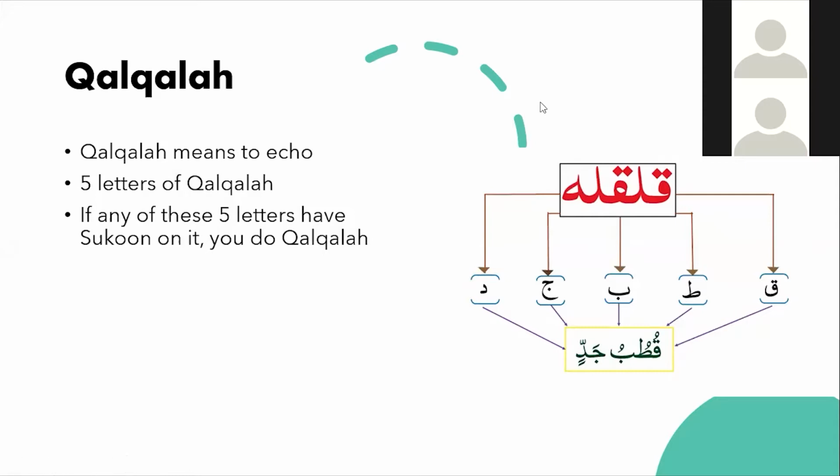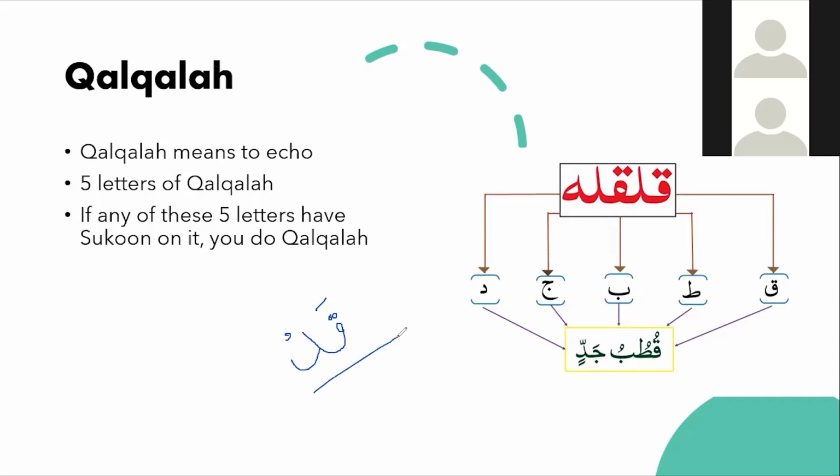What we mean by this is, say for example, you've got qaf and you've got dal. On top of the qaf there's a fatha, and on top of the dal there's a sukoon. So we will recite this as qad.